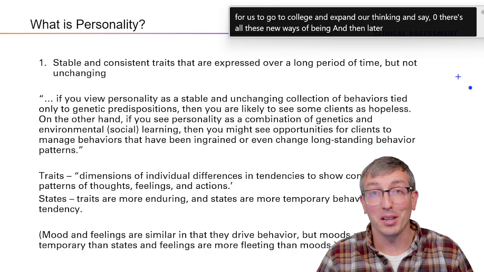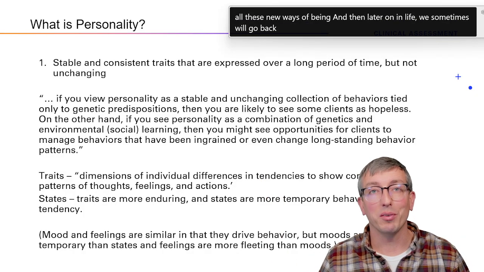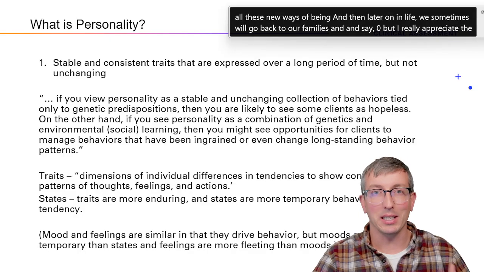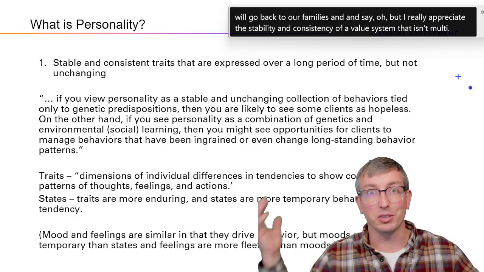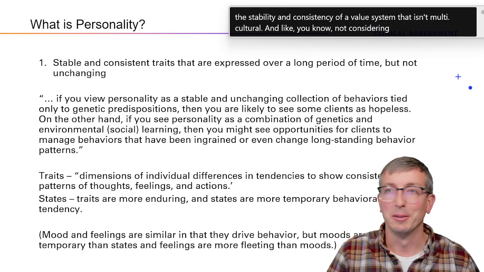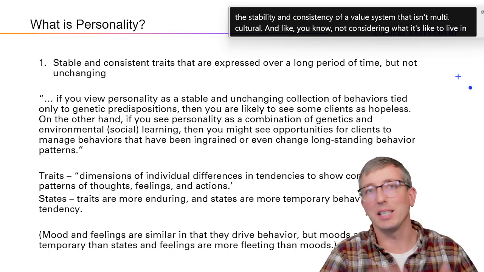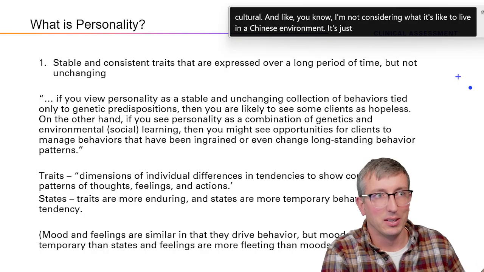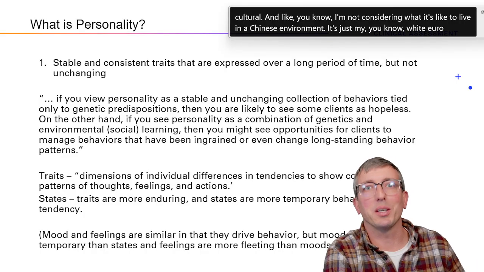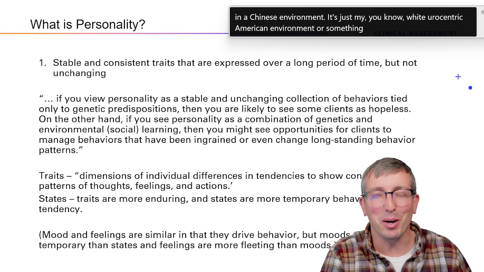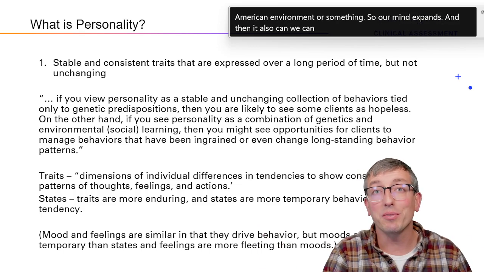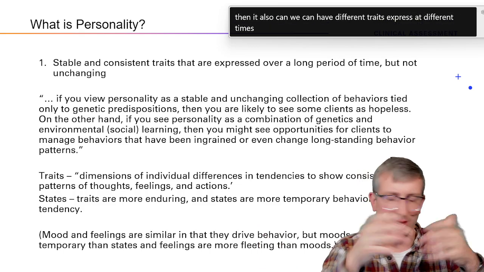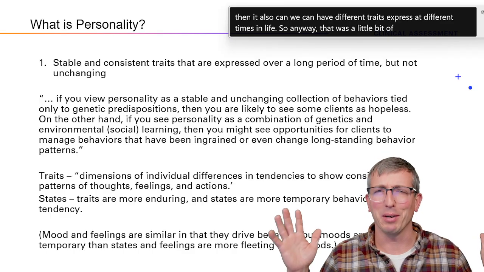And then later on in life, we sometimes will go back to our families and say, "Oh, but I really appreciate the stability and consistency of a value system that isn't multicultural, and I'm not considering what it's like to live in a Chinese environment. It's just my white Eurocentric American environment or something." So our mind expands, and we can have different traits expressed at different times in life. So anyway, that was a little bit of a tirade there for a second.